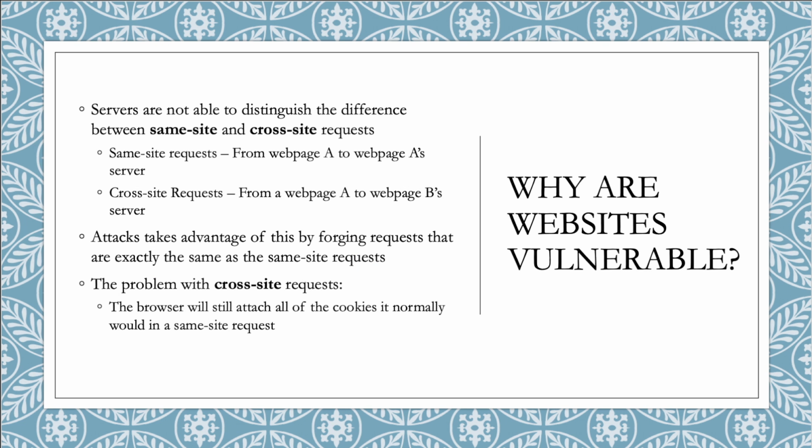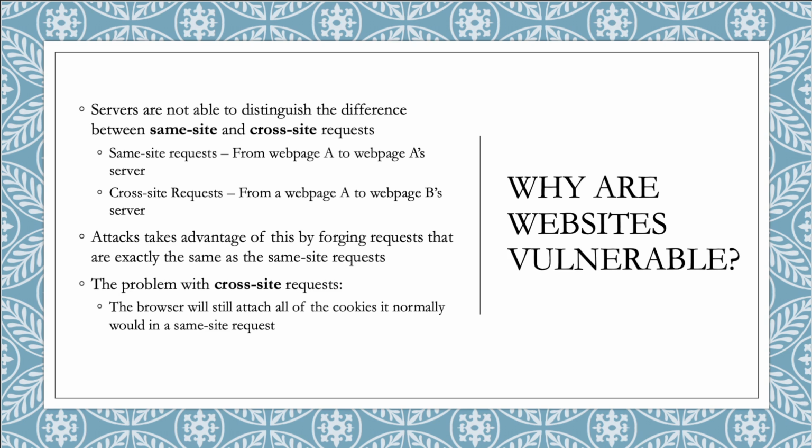The reason so many web pages are vulnerable to this attack is because servers are not able to distinguish the difference between same-site and cross-site requests. A same-site request is when there's a request sent from web page A to web page A's server, whereas a cross-site request is a request going from web page A to web page B's server.